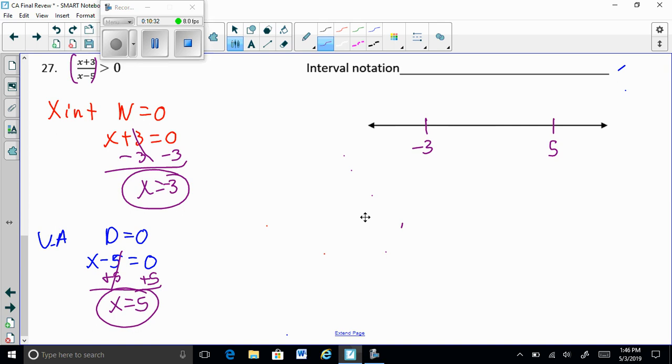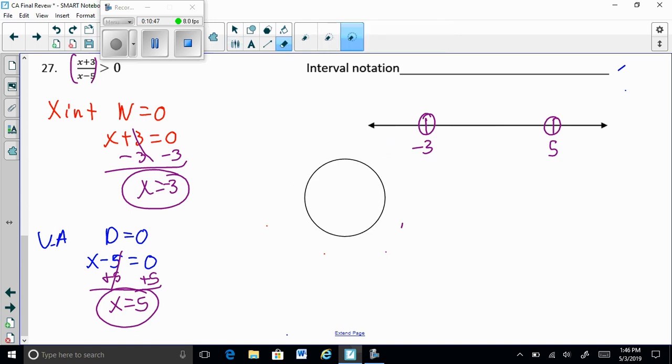So the 0 is less than 0. That comes back false. So that's got to be an open circle. Okay. The vertical asymptote has to be an open circle also, but that's because you can't divide by 0. If you plug in 5, you'd get undefined, and so we can't do that.